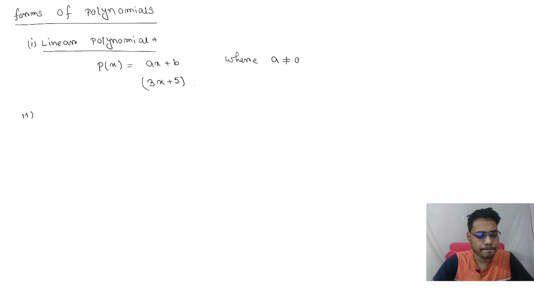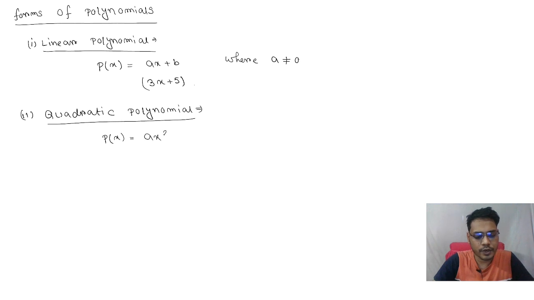The next one, the quadratic polynomial. How can we write a quadratic polynomial? Quadratic polynomial we can write in the form p of x equals ax square plus bx plus c, where a is not equal to 0.